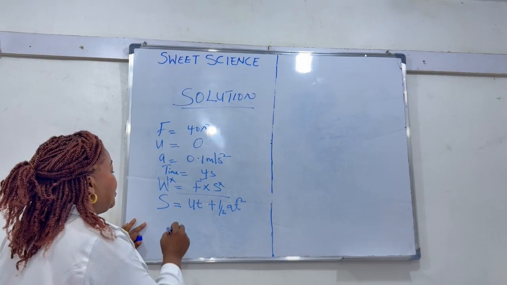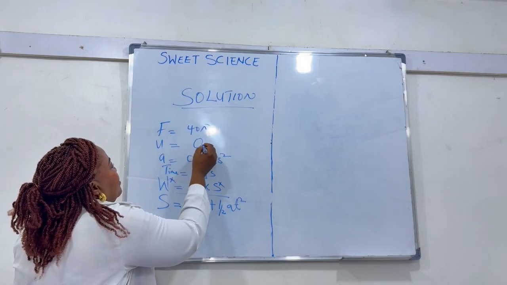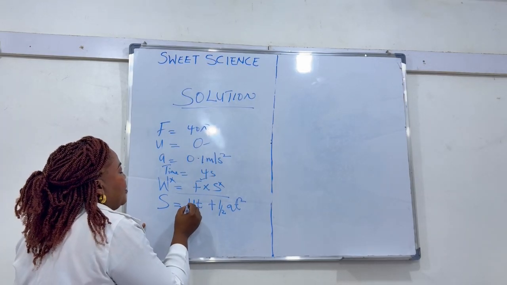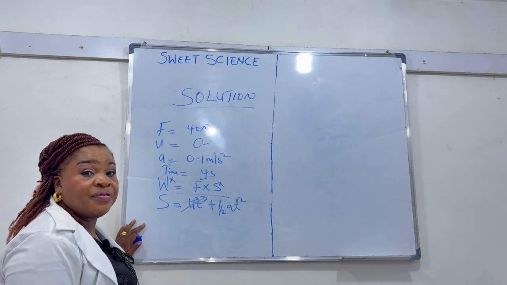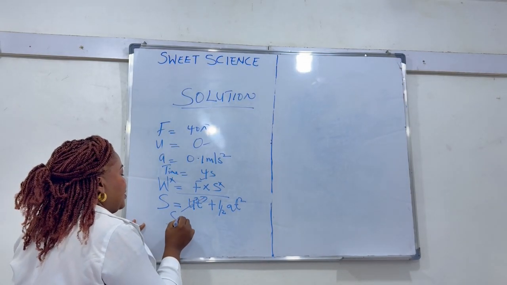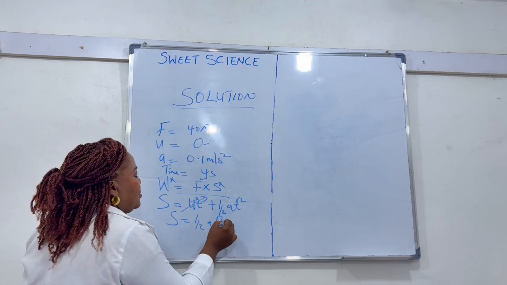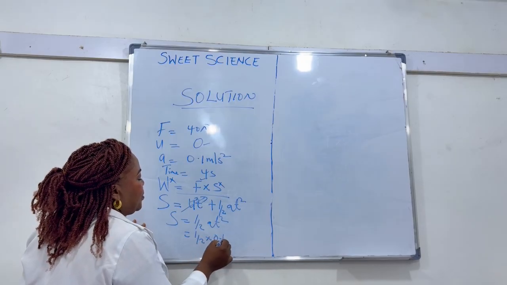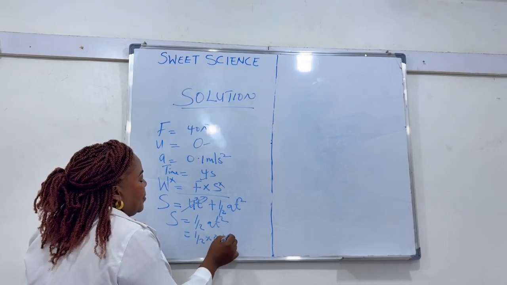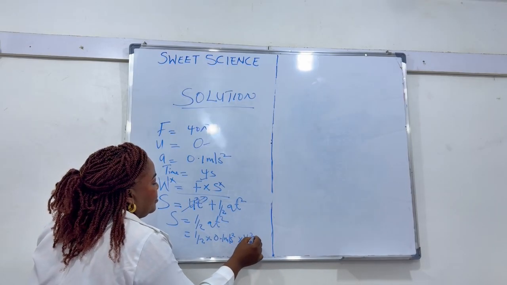Third equation of motion. Distance is equal to ut, but u here is 0. If u is 0, this aspect of it is 0, leaving us with distance being equal to half at squared, which is half times 0.1 meter per second squared times the time 4 seconds squared.